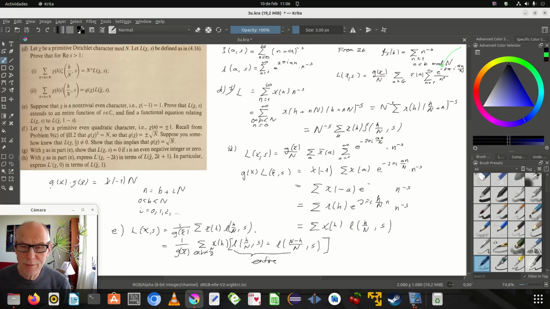So the finite sum of the finite number of entire functions is entire, and then we must, what must we do really?